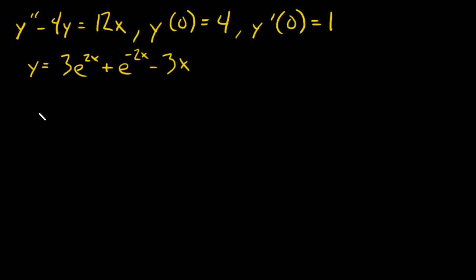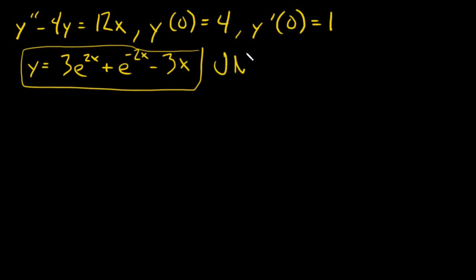Well, I would take the first derivative and then the second derivative, plug it in here, subtract 4 times the original, and it turns out you wind up with 12x equals 12x. Now, if this is a solution for this specific set of initial conditions, this is the only solution. This is unique.